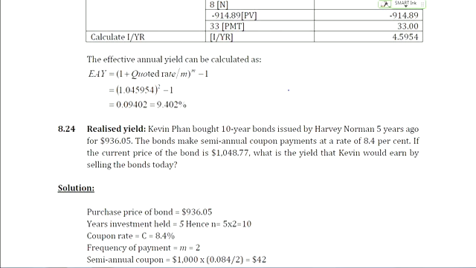When did he pay that payment of 936? Today or 5 years ago? 5 years ago he bought that. It means that 5 years ago he paid that amount of money. Agree? So we draw that together. So 5 years ago, is it semi-annually?